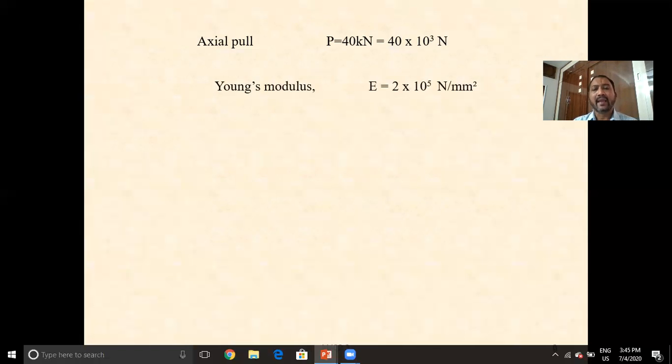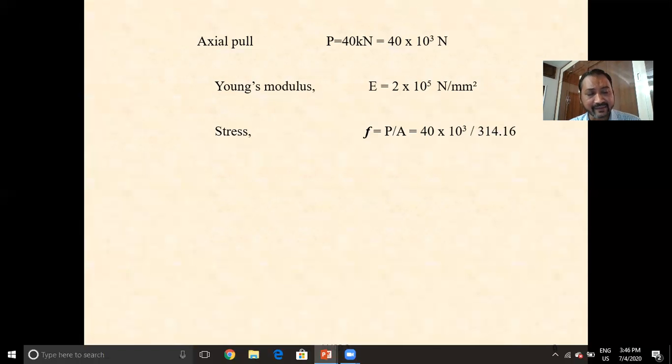Next, the Young's modulus is given, E as 2 into 10 power 5 newtons per square millimeter. No need to convert. We have already calculated the area from the diameter. Now we have to find the stress value.